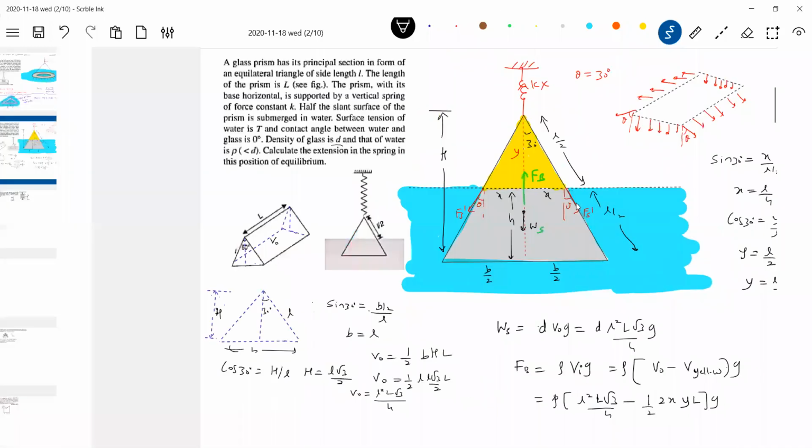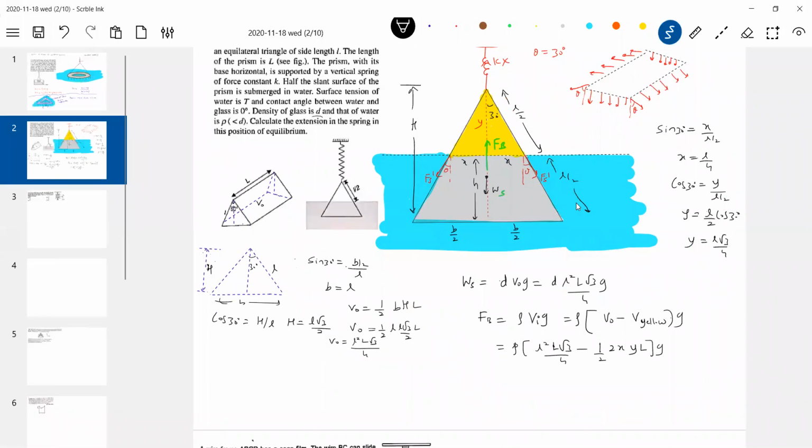This is testing your geometry. To be frank, surface tension is already over once. If I draw this diagram, the rest is all geometry that we should know. No, let me take the next part. Now what is x? L by 4. So 2 gets cancelled. So L by 4. What is y?